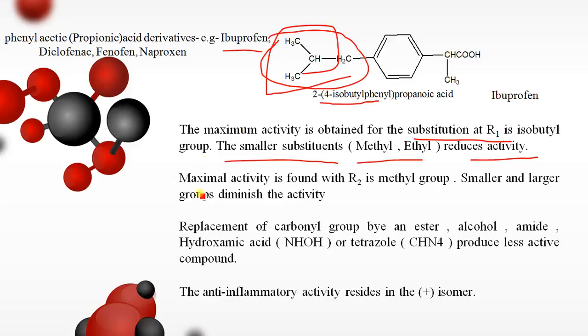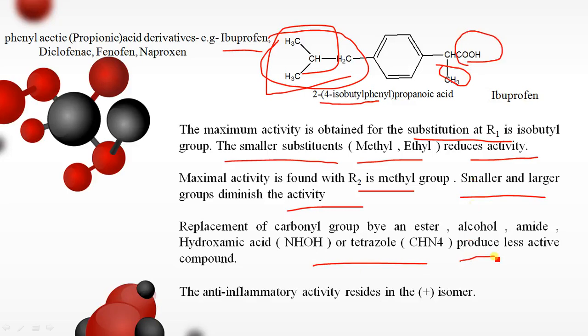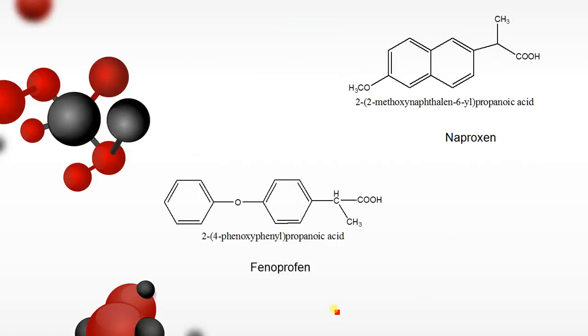Maximum activity is found with R2 at this position. Smaller and larger groups diminish the activity. The replacement of the carbonyl group by an ester, alcohol or amide produces less active compounds, and the anti-inflammatory activity resides in the positive isomers. This is regarding ibuprofen.